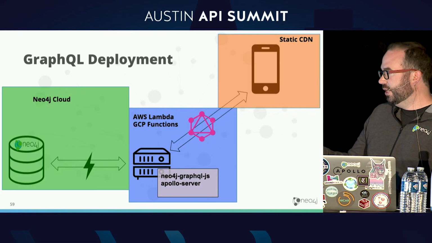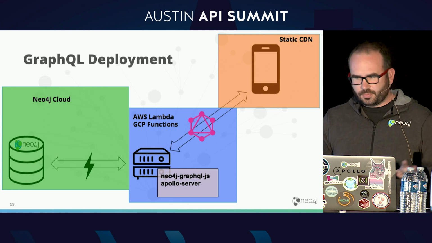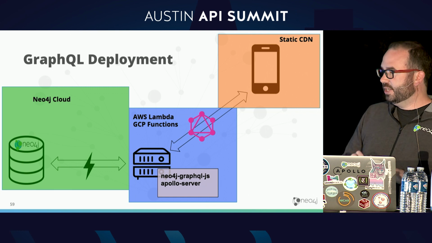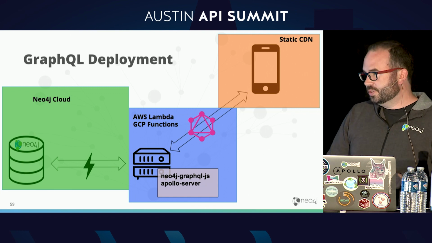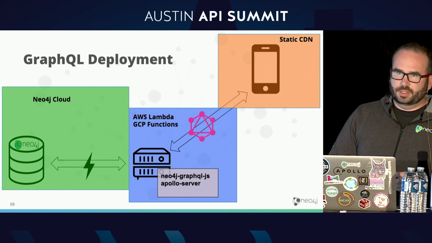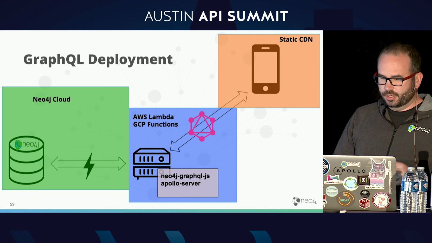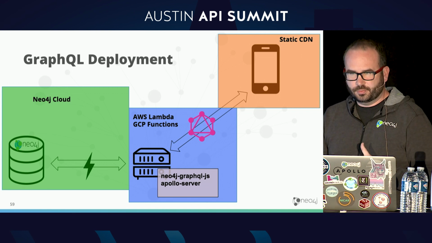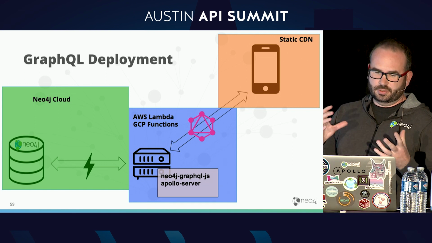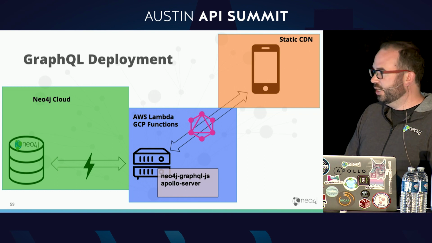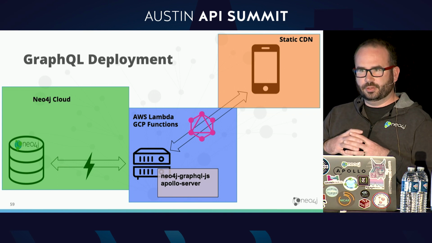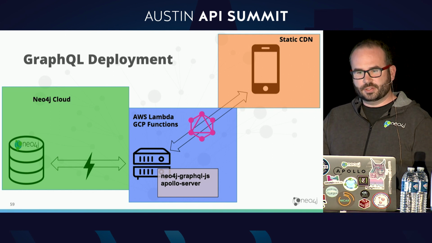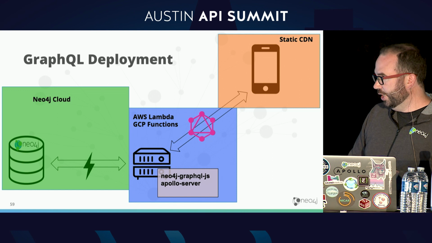So if we take a look here at our application and the different bits that we need to deploy, okay, well our database, that's going to be hosted on some database service like Neo4j Cloud or on AWS somewhere. For our GraphQL service, we want to use some serverless functionality, either AWS Lambda or Google Cloud Functions. And then our client application, that's just static code that we can serve on a CDN somewhere.